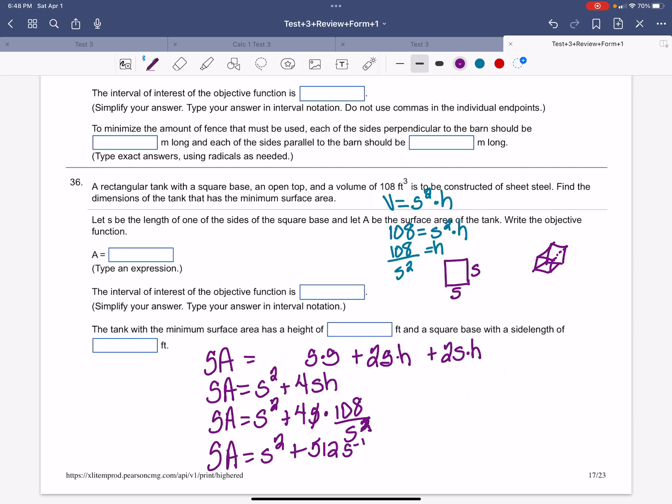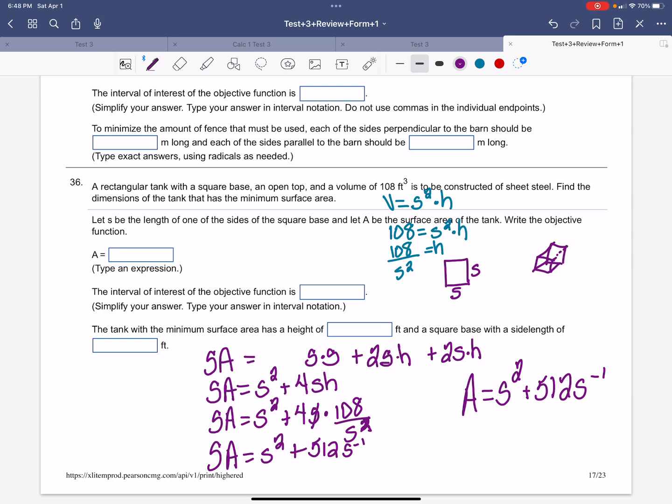And it wants us to use A, so SA and A mean the same thing here. I'm just going back to where it says that it wants us to use A. So I've got A equals side squared plus 432 S to the negative 1.